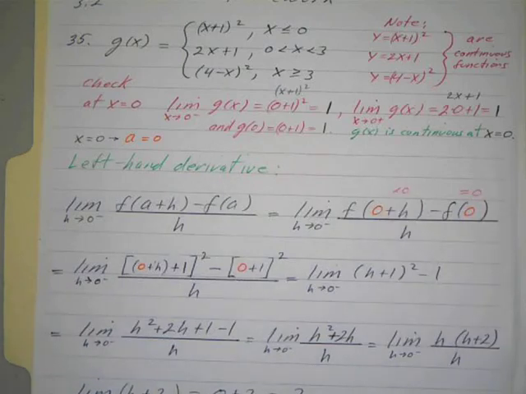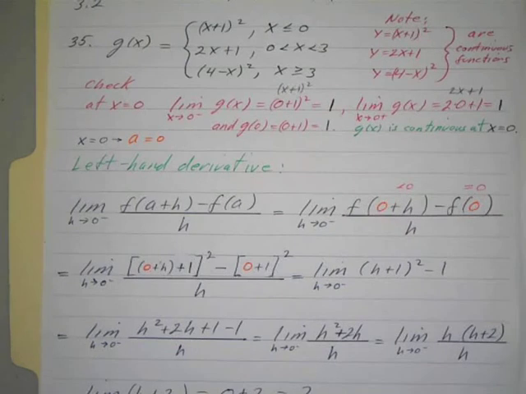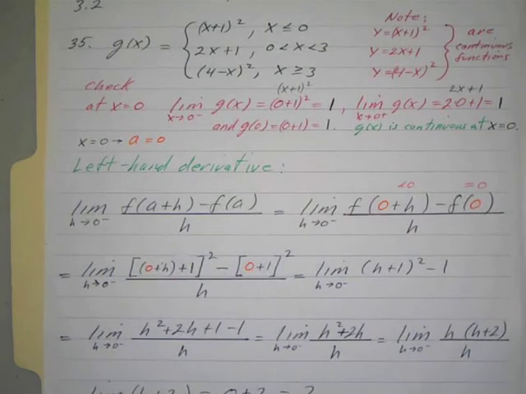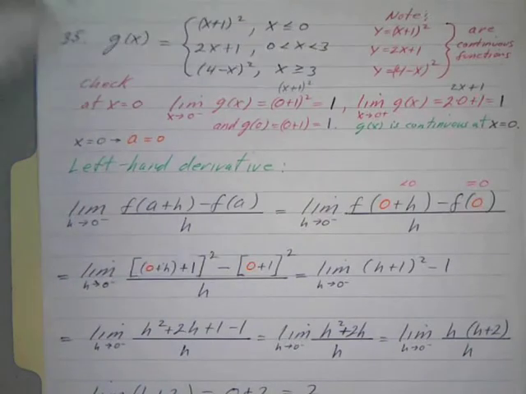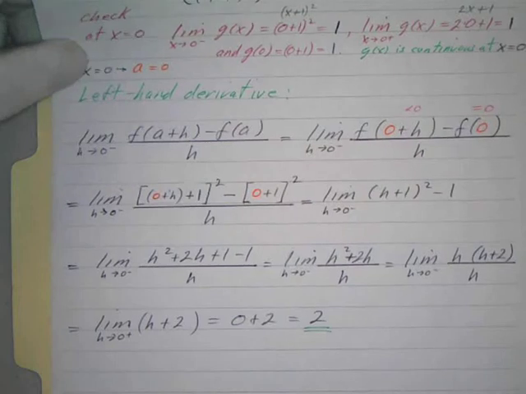So since the limit equals the value of the function, it's continuous. So I can't cross it out and say, well, it's not continuous, so therefore it's not differentiable. I can't say that because it's continuous. So now I've got to check the left and right-hand derivatives. So it's continuous there, so let's check the derivatives.